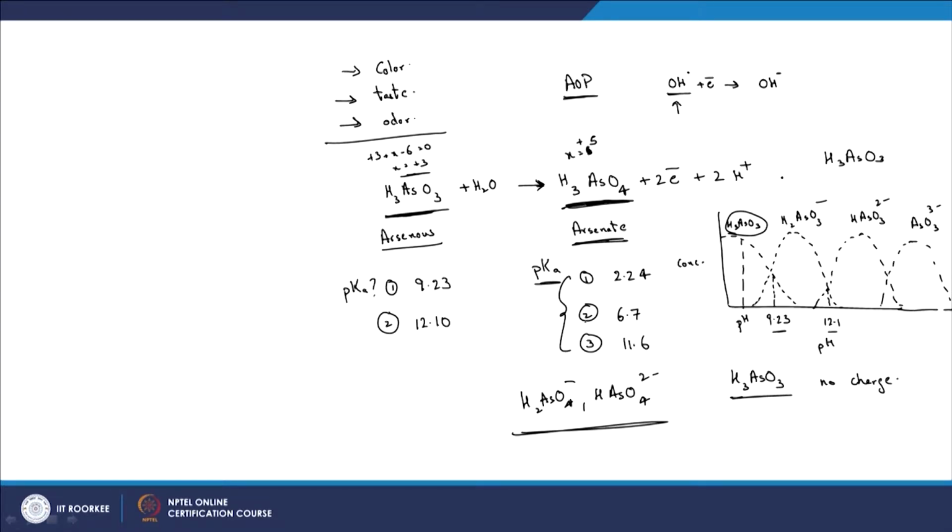So obviously, what will that tell you about the system now? If you are using an ion exchange process and the pH is in the neutral region, you want to have the more oxidized form of arsenic, the arsenate form, and only then, as you see in the neutral pH, will it have the charge.